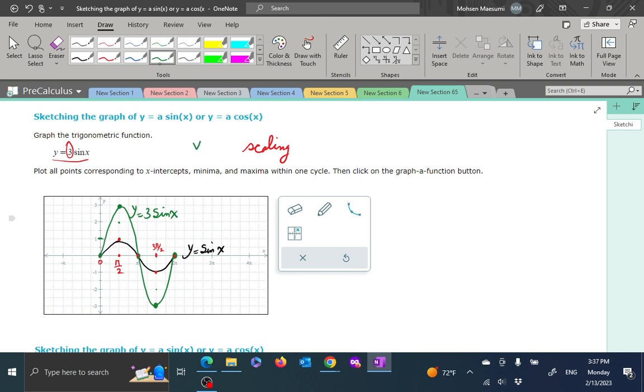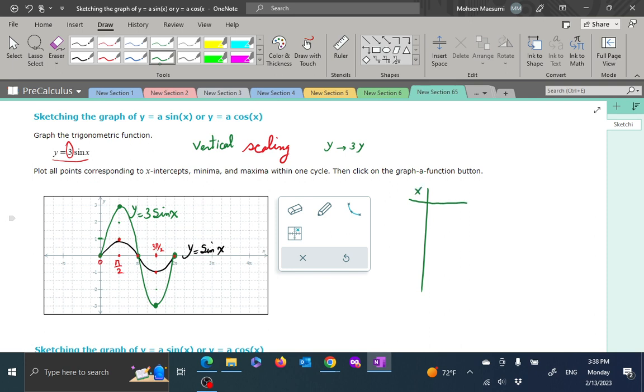So what we are doing here is a vertical scaling. Each y became 3 times as big as it was before. Each y value changed by multiplying by 3. X's did not change. So the way your software explains this is to say, okay, make a table.